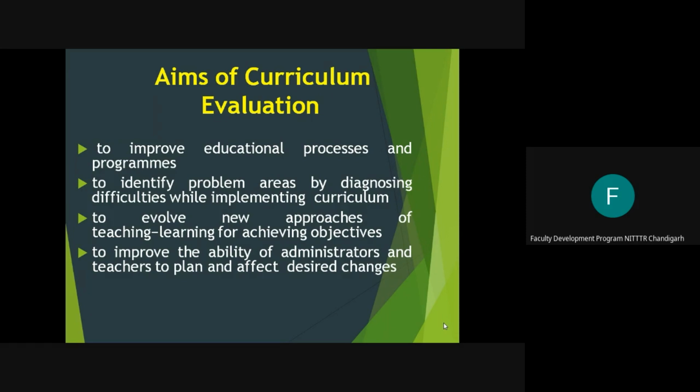Okay. The third thing is to have a new approach of teaching learning. That again is one of the aims of curriculum evaluation. Like in the morning session, we discussed rubric. Rubric is a new way, a new approach of evaluating the student. Similarly, my friends, there are new approaches of teaching learning.